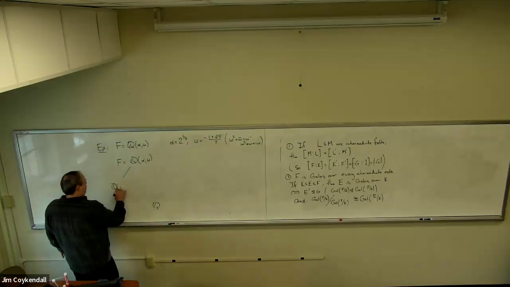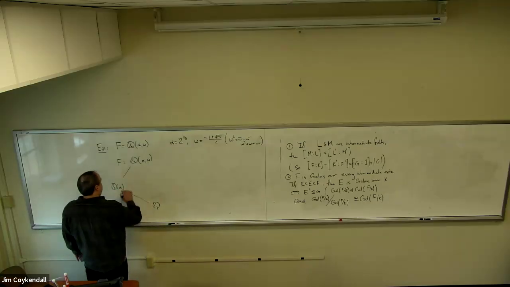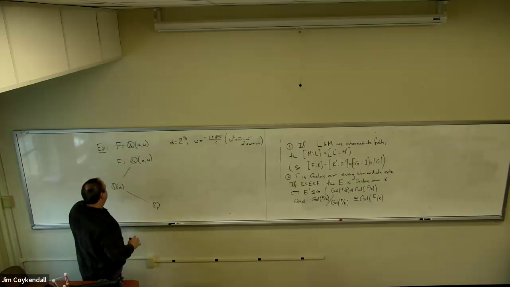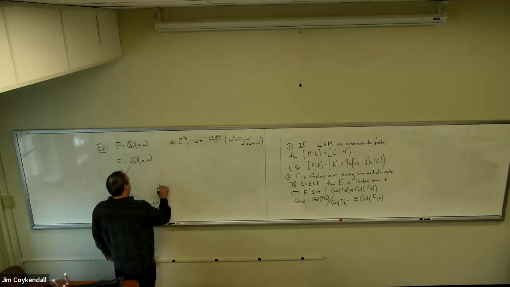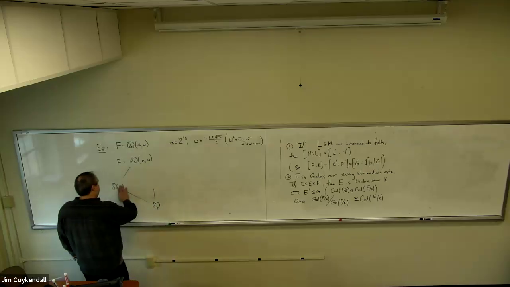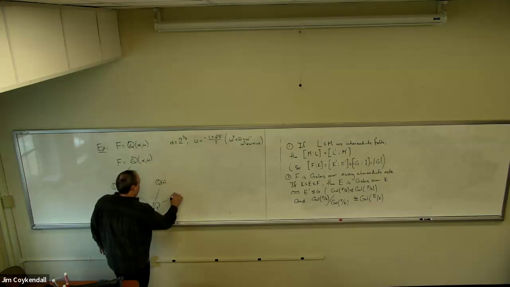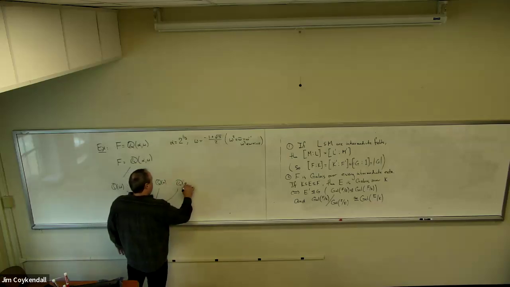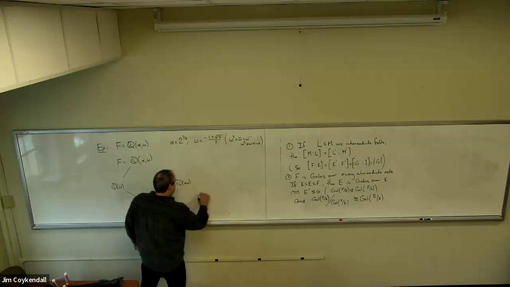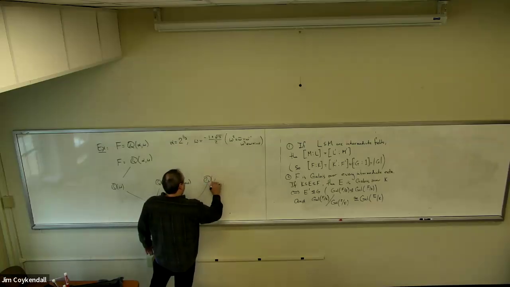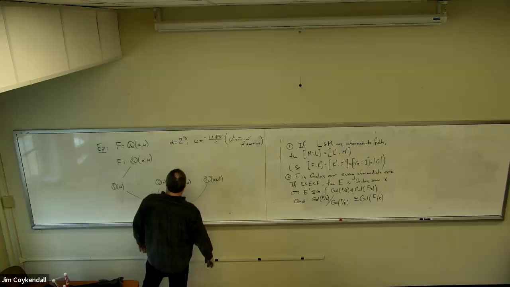This is Q(alpha). And actually, I want to do Q(omega) over here. Do omega over here, and do the triplet over here: Q(alpha), Q(alpha omega), Q(alpha omega squared).